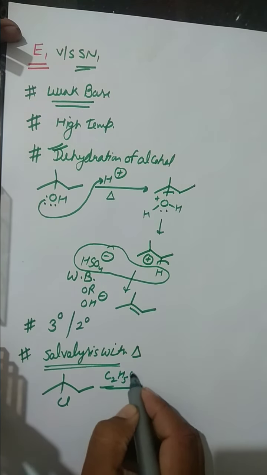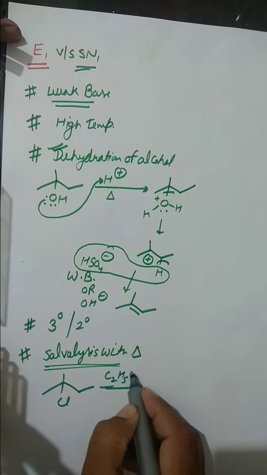Clear? If we take plain C2H5OH, means we are not heating the substrate, then there is substitution reaction and our product is OC2H5. So that is through SN1, and this is through the E1 mechanism. These are some reactions through the E1 mechanism.